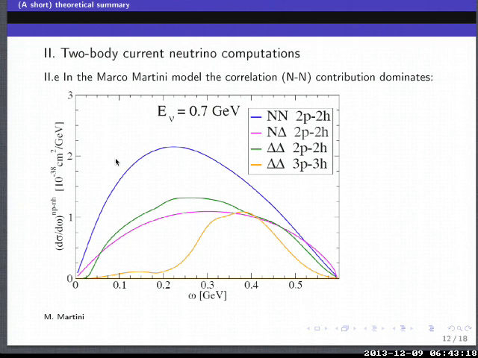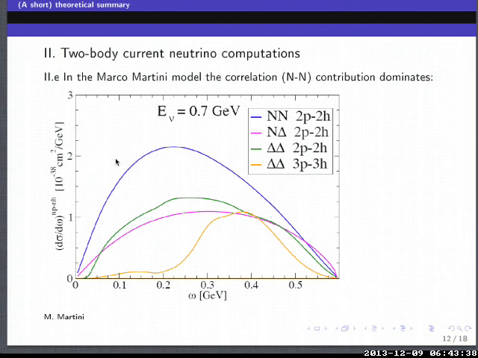I don't know if it makes much sense to discuss that single diagram, which by itself is not going to be gauge invariant for the vector part, or fulfill PCAC. It's going to depend on the representation you use for the field.